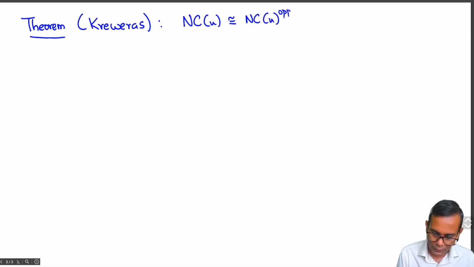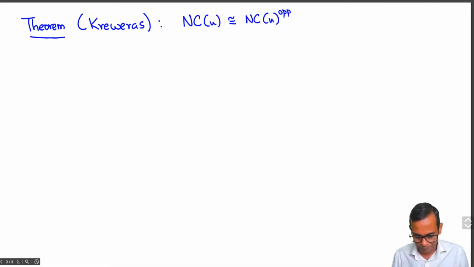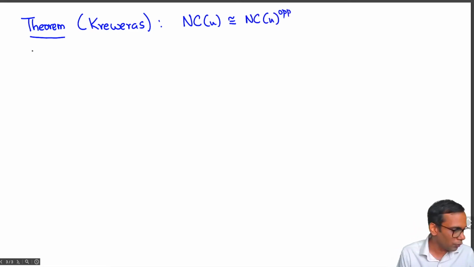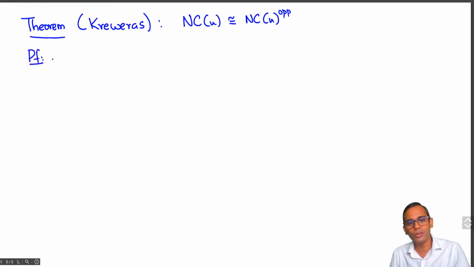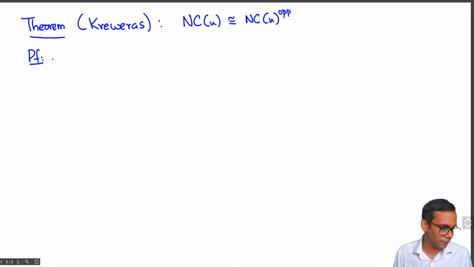This is the poset with the same elements but where the order is reversed. Now I'll give you a visual proof of this, a visual construction. I'm going to define a bijection from the set of non-crossing partitions of n to the set of non-crossing partitions of n, which reverses the refinement partial order.